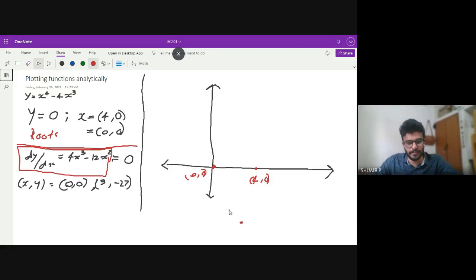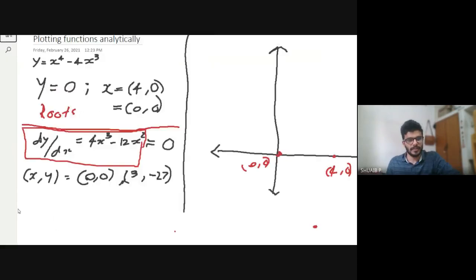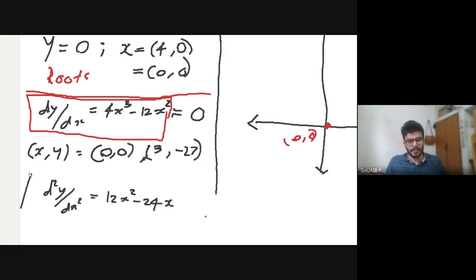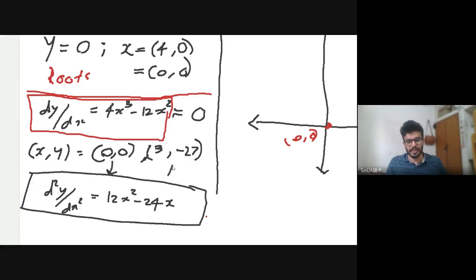Now if we get the double derivative, and substitute the extrema points into this and see if it's positive or negative, we'll get the information of whether the extremas are maxima or minima.